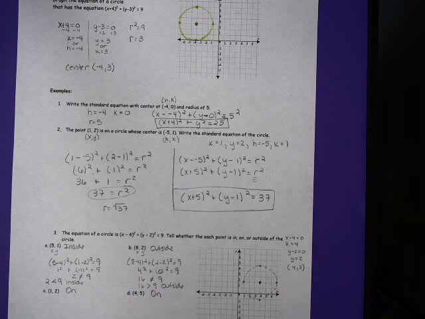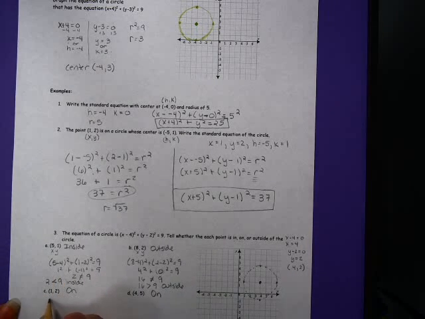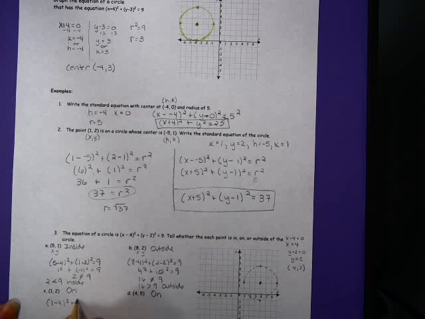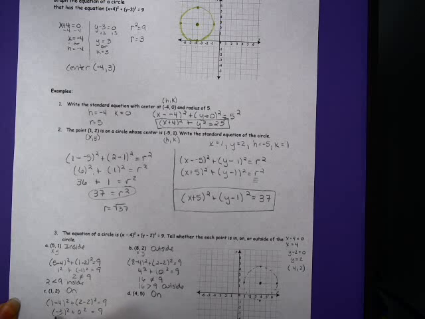Okay, next. Here we've got 1 minus 4 squared plus 2 minus 2 squared equals 9. So here we get negative 3 squared plus 0 squared equals 9. Negative 3 times negative 3 is 9 plus 0. So since 9 equals 9, that means that it is a solution, and so it's on the circle.